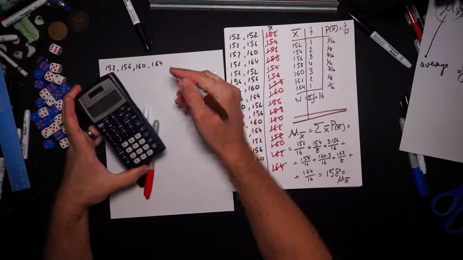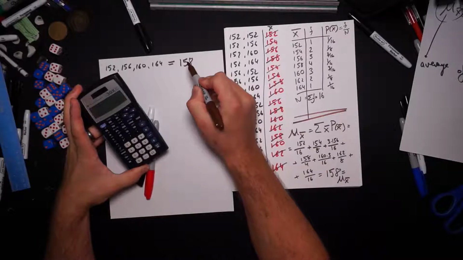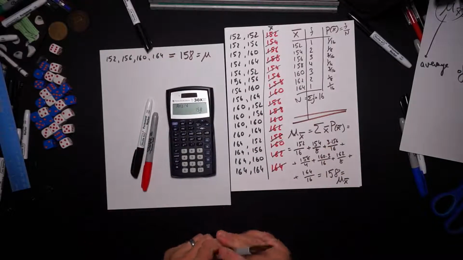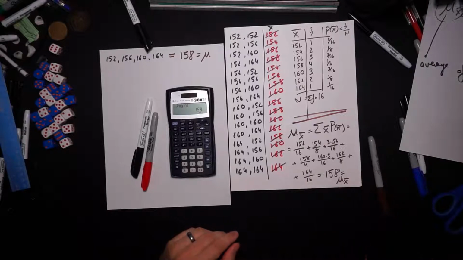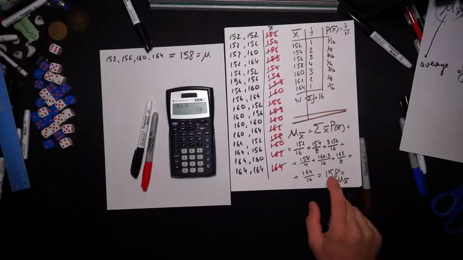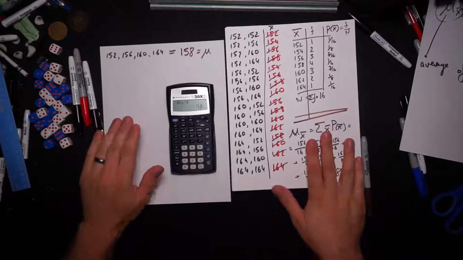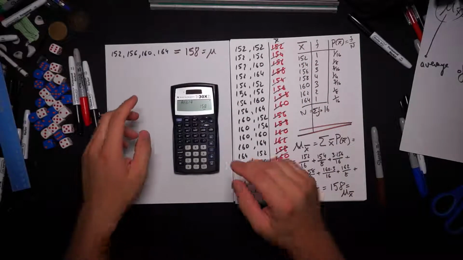So sum of the average of this, anybody see similarities here? This concept comes around and you're like, oh, why am I doing this if I could have done this? And we're going to get to that in a second.